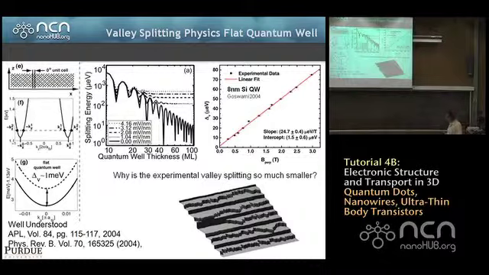And we started to get an idea that that has to do with the non-ideal structure of the thing they actually built. So instead of being a perfectly flat quantum well, they grew the silicon on top of silicon germanium that is actually tilted at a 2-degree angle, because they can get better growth at that 2-degree tilt angle.